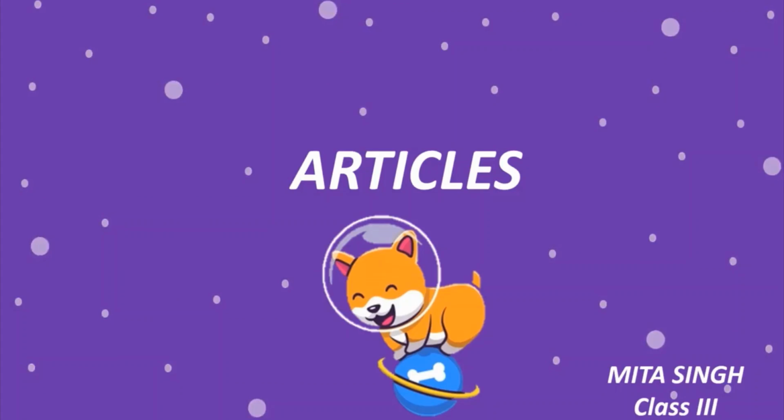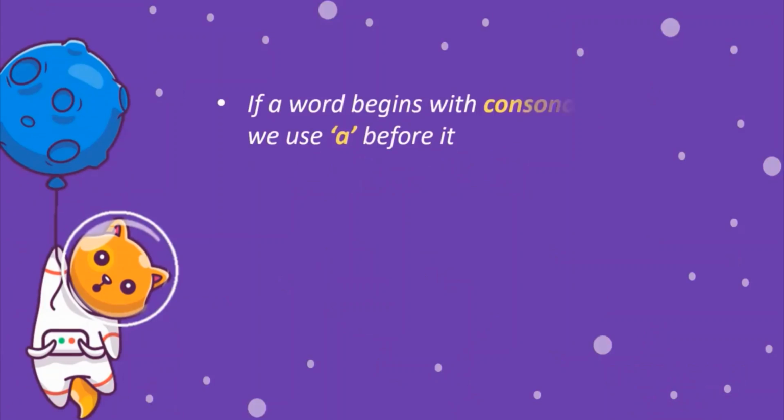Now in the English alphabet, we have learnt about vowels and consonants. The 5 alphabets that come under vowels are A, E, I, O, U, and the rest 21 alphabets are consonants. Now, keeping that in mind, let us see the rules. If a word begins with a consonant sound, we use a before it, like a chair, a tree.